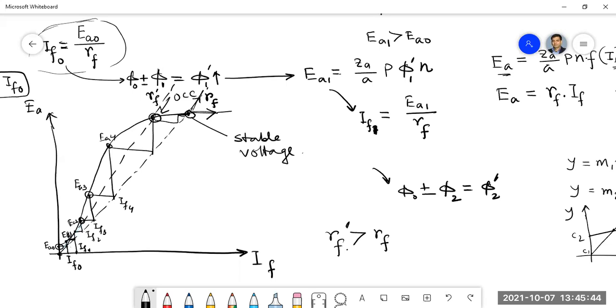So if equation number 1 remains the same, equation number 2 is changing here due to the perturbation in RF. Okay, that means that will change. Correct. Now I am increasing the RF further. Okay, suppose I'm increasing the RF like this.